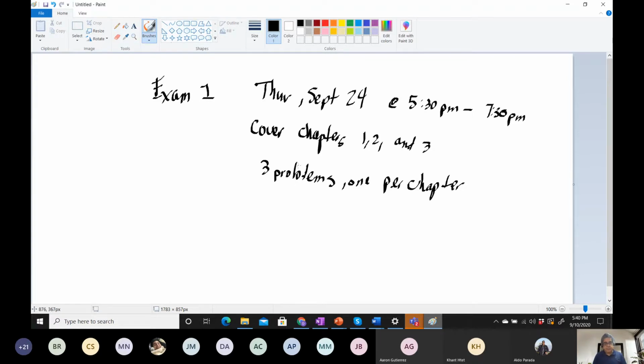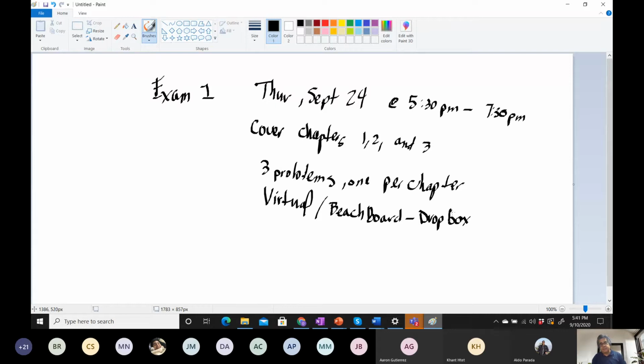It's virtual, obviously, and it's going to be inside a Beachboard Dropbox. I'm going to put the exam in there, and I'm going to time it so that you have 2 hours to turn it in. You can turn it in late, but it's going to be marked off as late. The timer will say 2 hours.